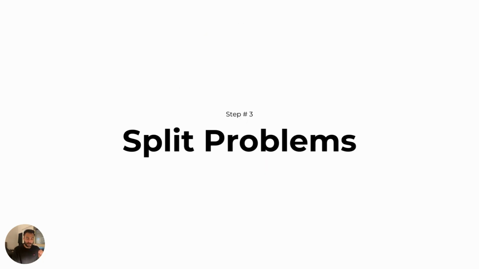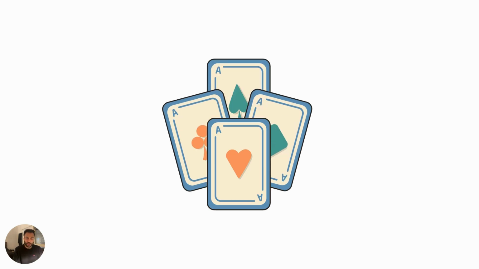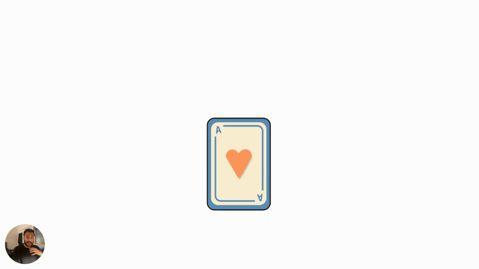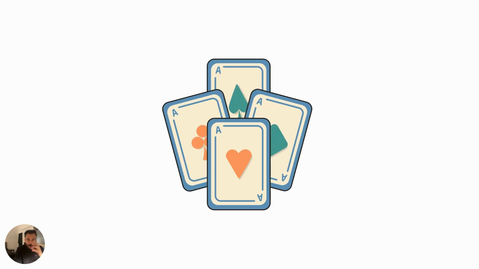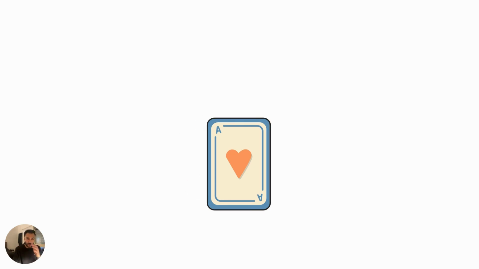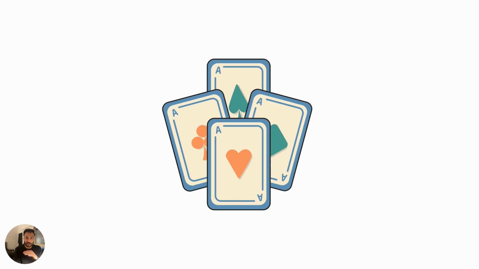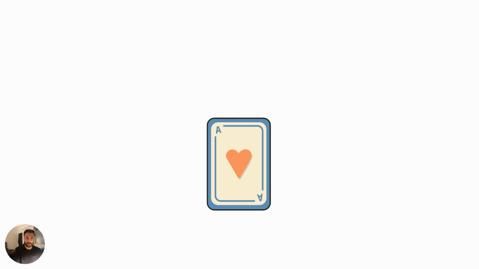And finally, I love to split problems into smaller parts. I've experimented with ChatGPT a lot, and I've realized that if you give ChatGPT a big problem to solve, it doesn't perform that well. But as soon as you provide it with smaller problems and then work your way up, the results are remarkable.